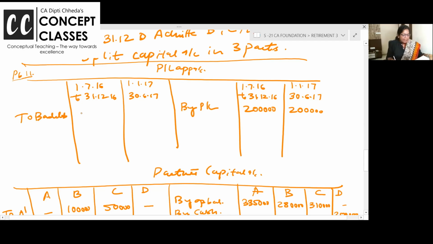So you write off bad debt, 50,000. And now this profit, you will give to partners' capital account, 1,50,000. Old partners, old ratio. Any doubt?